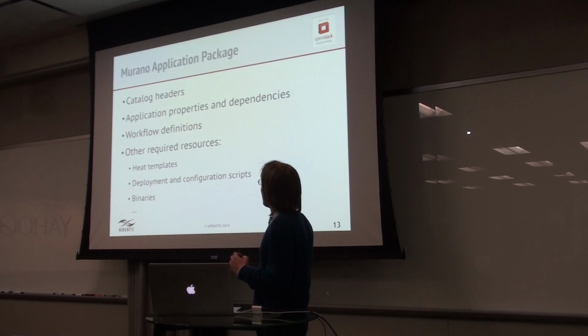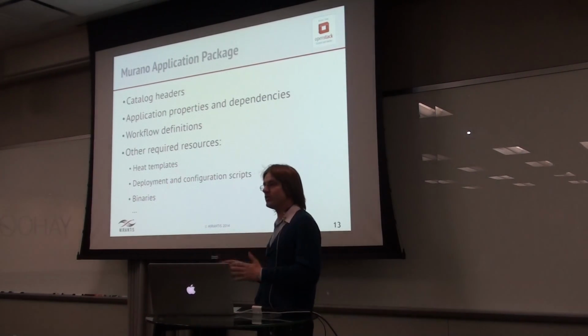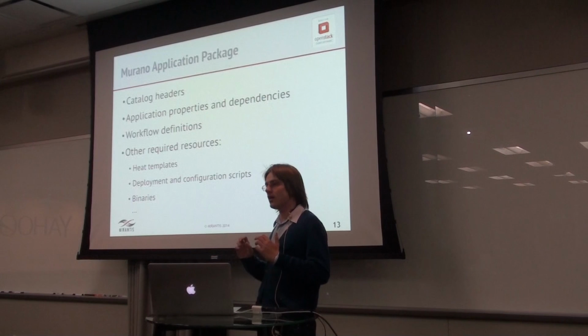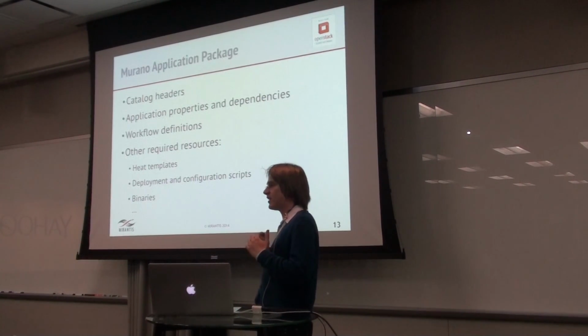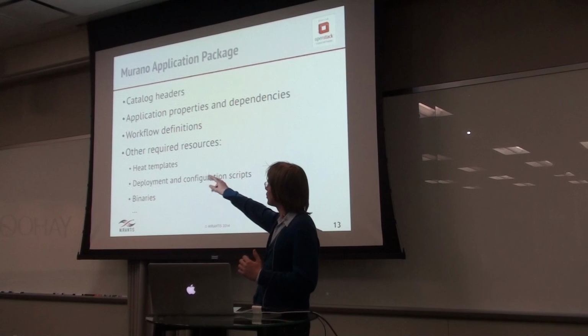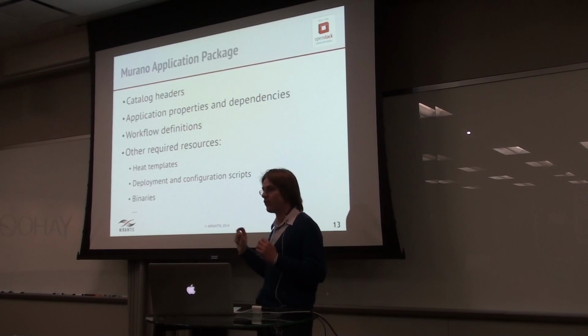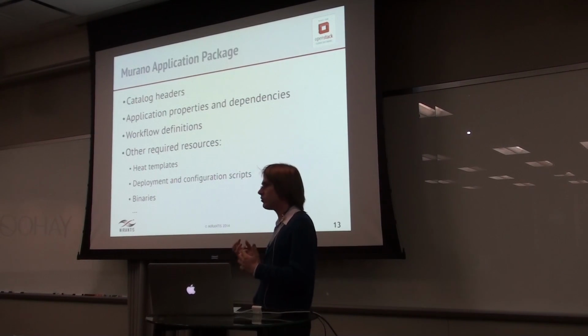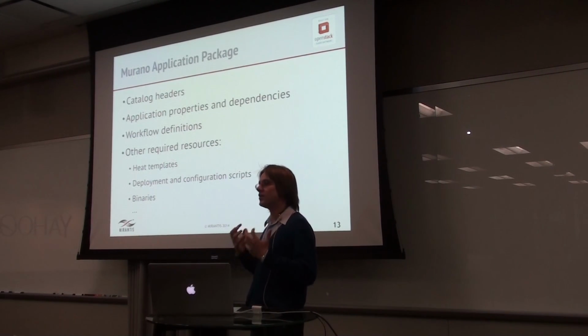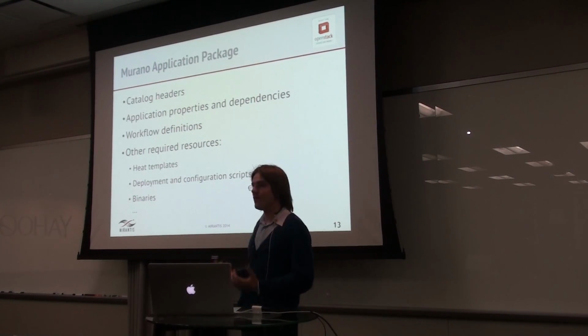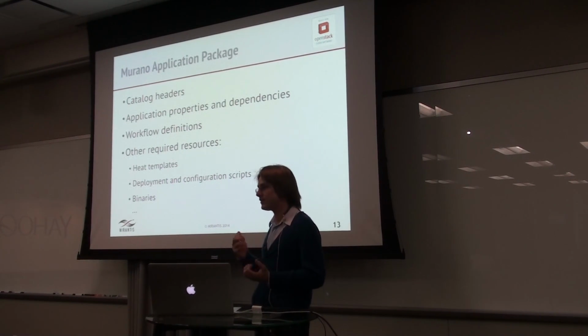In our case, of course, we want some generic application properties: the descriptions, the license, the version information, all that stuff. But to deploy the applications in the cloud, we rely on underlying core OpenStack components, such as Heat, for example. That's why one of the crucial components of Murano application packages are Heat templates, actually, snippets of Heat templates, because when Murano deploys an application or a group of applications in the cloud infrastructure, it dynamically generates a Heat stack out of a number of little Heat template snippets, and then deploys the cloud infrastructure using this Heat stack.